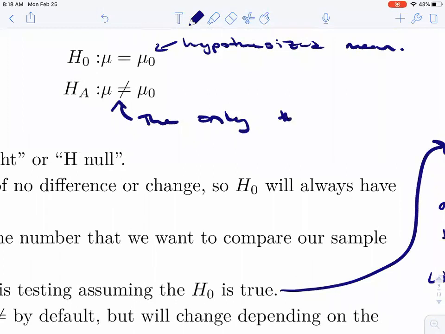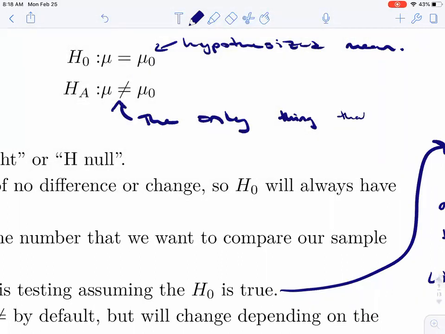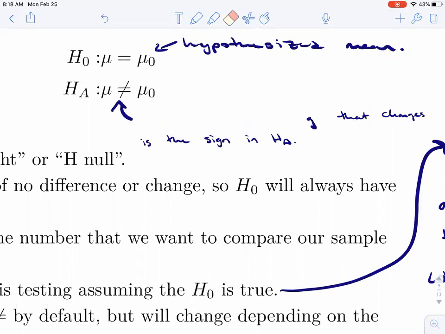The only thing that changes is the sign in HA. Make this smaller. The only thing that changes.